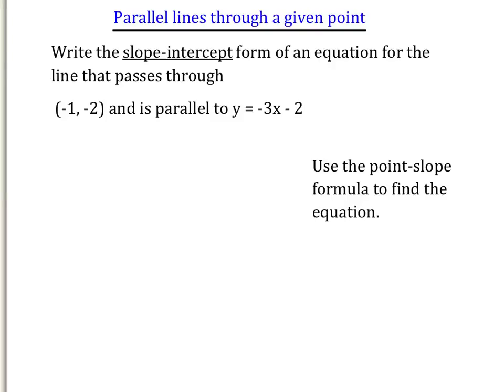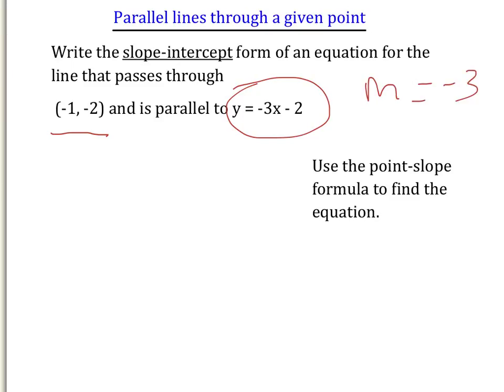So knowing that information, we'll take a look here. Write the slope-intercept form of an equation that goes through the point -1, -2, and then is parallel to y = -3x - 2. So in this case, we know m, it's going to be -3.